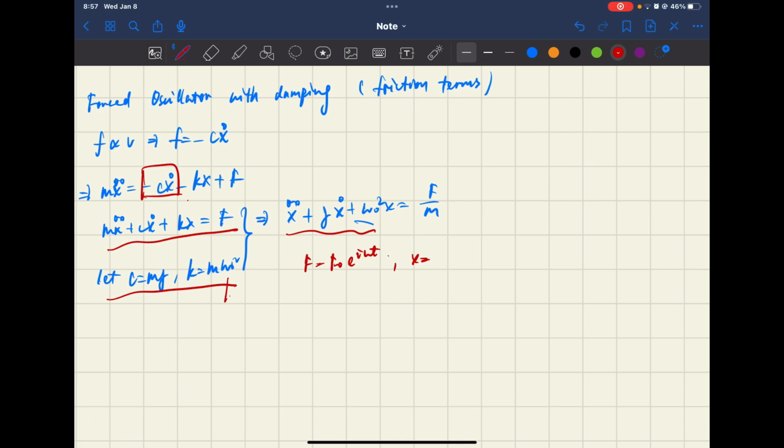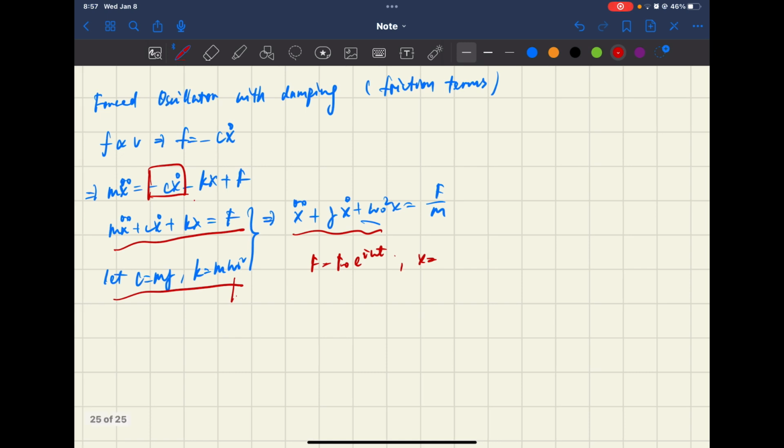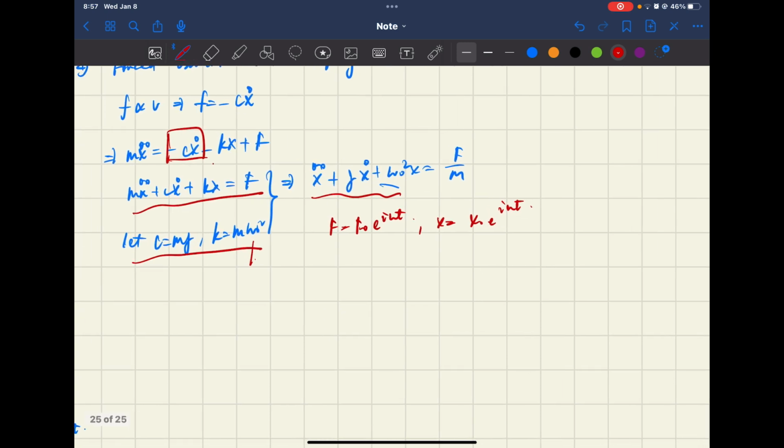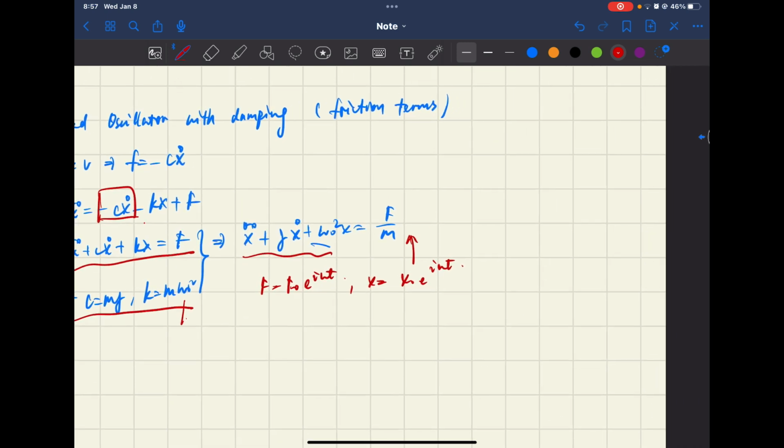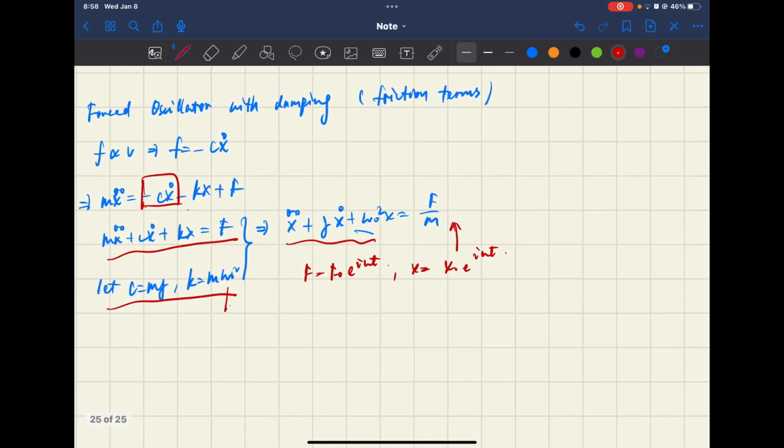Since the external force is always helping the system to do the motion, they should have the same frequency, or the motion cannot carry on. So still x is equal to x0 times e to the power of i omega t, and we substitute all this back in, and we successfully avoid the different sinusoidal function terms.